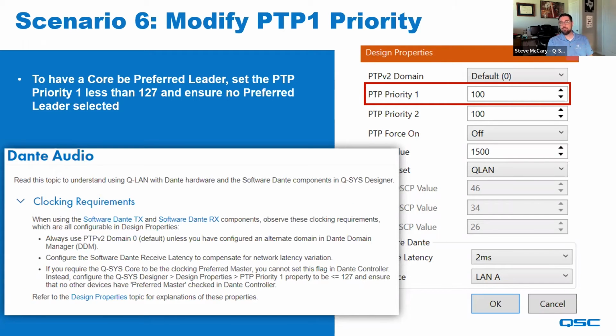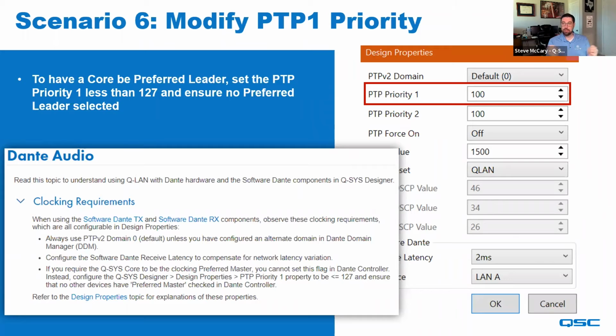So in this case, if we want to make sure that our core is our clock leader, deselect everything, make sure nothing is selected as the preferred leader in Dante Manager or in Dante Controller, and then set your PTP priority one to less than 127, or actually 127 or lower, because I believe all the Dante devices come with a priority of 128.